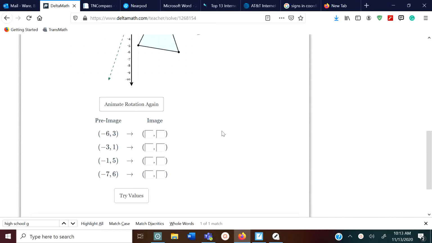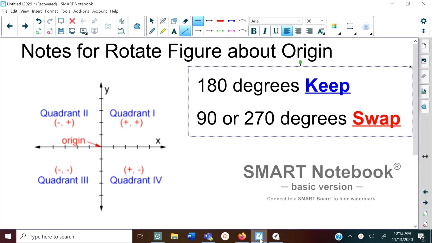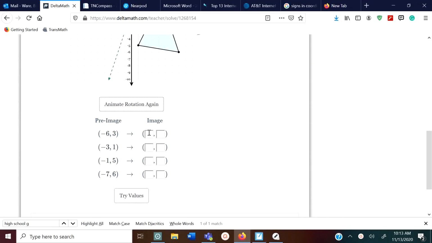Okay, take a look at this one. Remember from the notes, 180 degrees means you keep the numbers the same. So we'll keep it at 6 and 3, 3 and 1, 1 and 5, 7 and 6, regardless of the signs. We'll do the signs next.